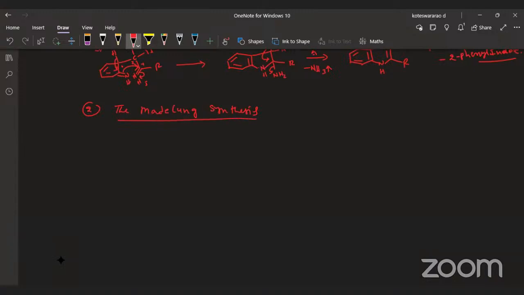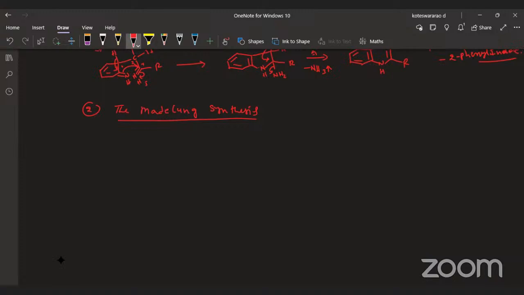In this Madelung synthesis, it involves the cyclic dehydration of an N-acyl ortho-toluidine in the presence of a strong base and at higher temperature. Indole itself can be prepared by this method.